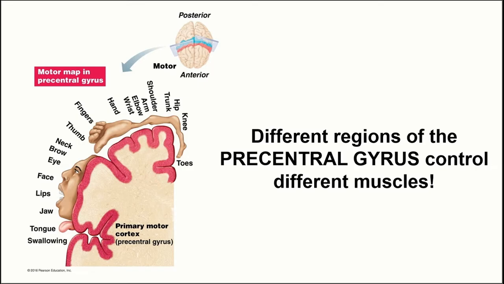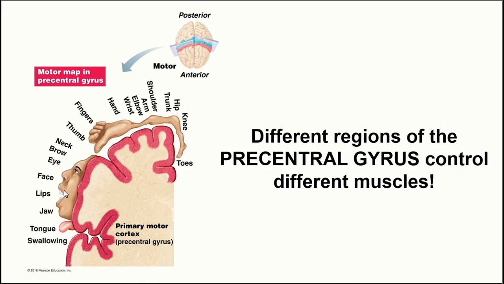Where the image is small, like the arm, wrist, elbow, shoulder, this means that there are relatively few neurons controlling the movements of those structures compared to structures that are drawn much larger. In looking at this diagram, it is easy to see that the fingers and the lower part of the face have a very high number of motor neurons devoted to controlling very precise movements of these two structures.